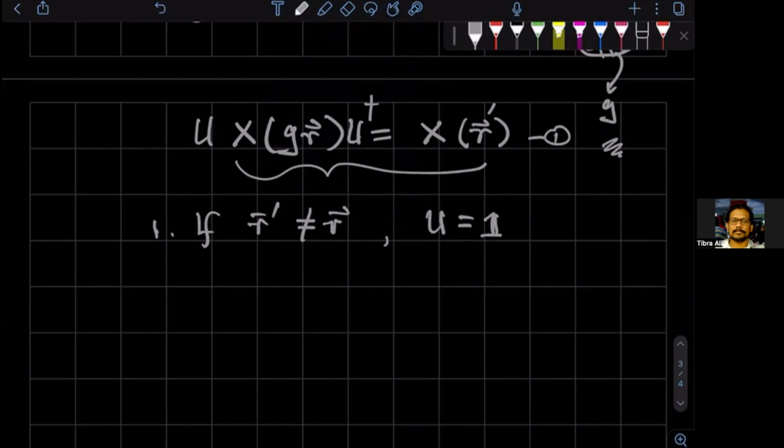And I think what I'm trying to say is that if this is true, then this is not true.